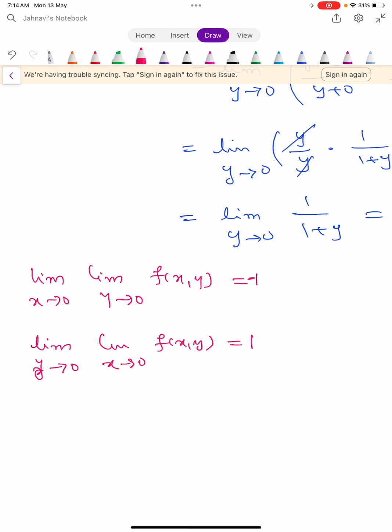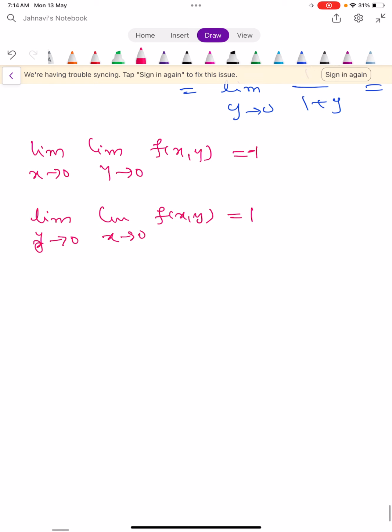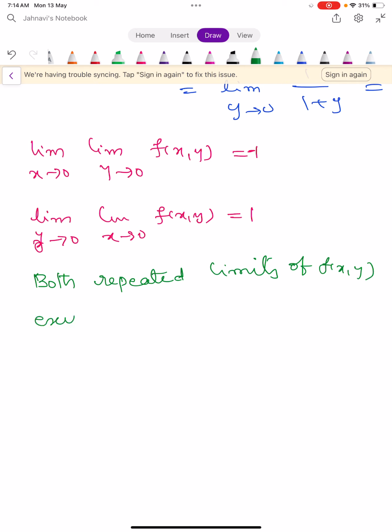So you see, both repeated limits exist but are not equal. What is the conclusion? Both repeated limits of f of x comma y exist, but they are unequal. That is the point.